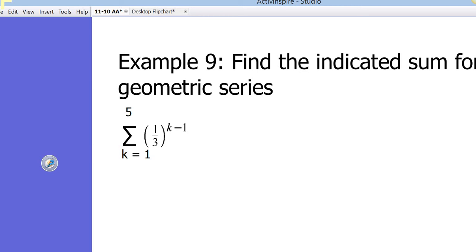So if you do this in your calculator, you end up with 1 times, I don't know what the top will be, 0.995? 0.995 divided by, I believe this will be 0.666.